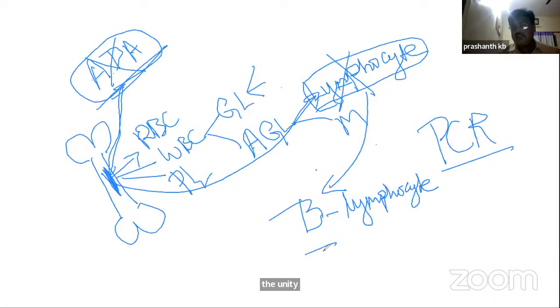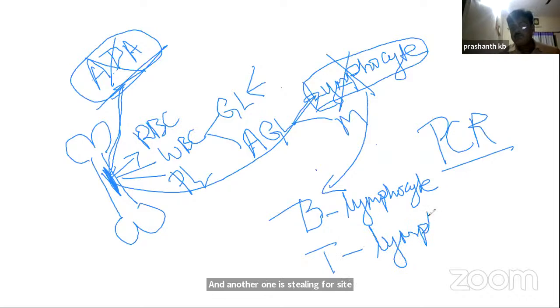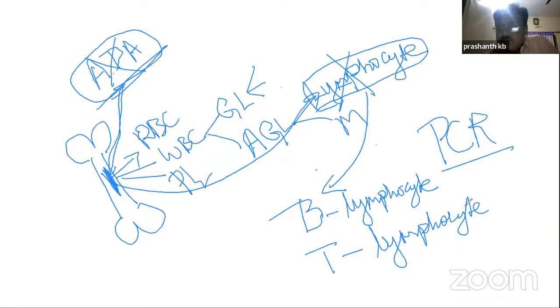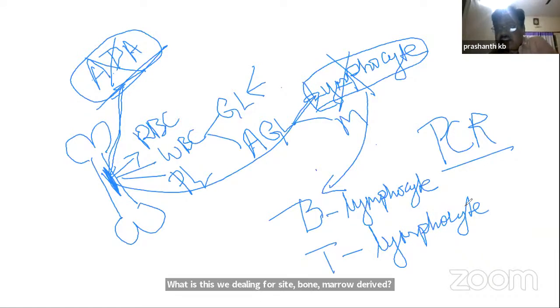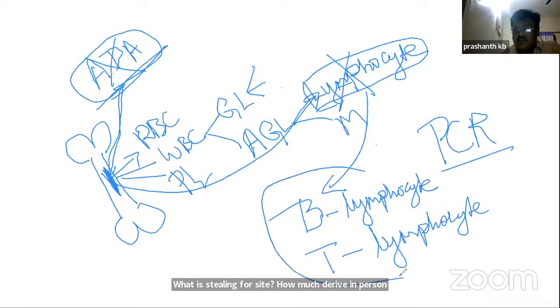And another one is T lymphocyte. Cell-mediated immunity, humoral immunity. Sir, what is this B lymphocyte? Bone marrow derived lymphocyte. What is T lymphocyte? Thymus derived lymphocyte. See, that girl was not at all producing this one.